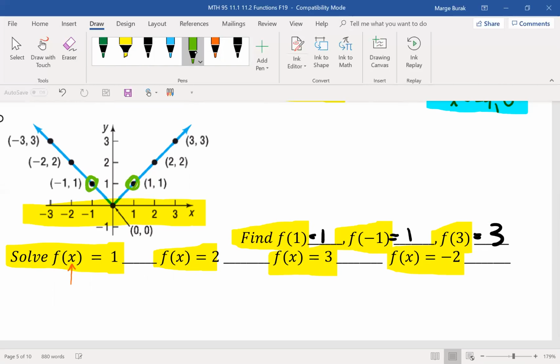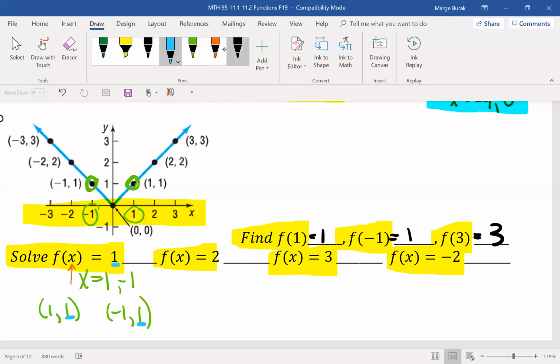So what are my x values? x equals 1 or x equals negative 1. Both of those inputs will give me an output of 1. And the points would be 1 with an output of 1, or negative 1 also has an output of 1. So these ones are the same as that one.